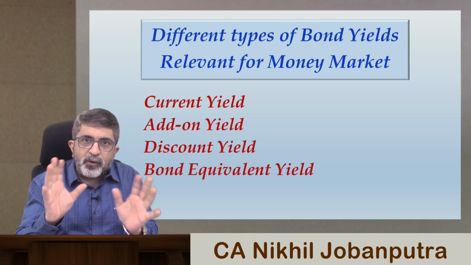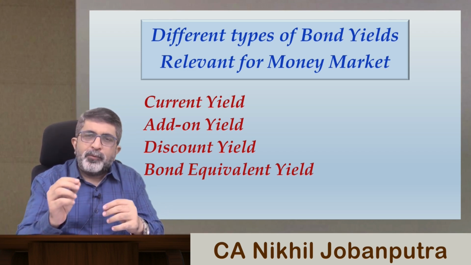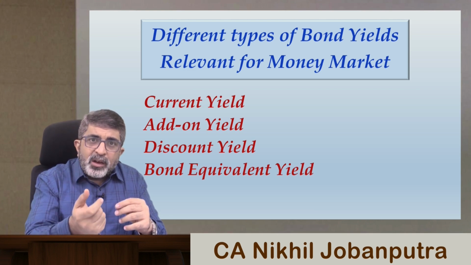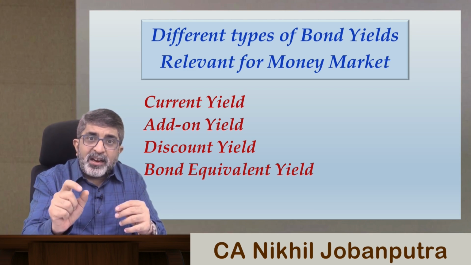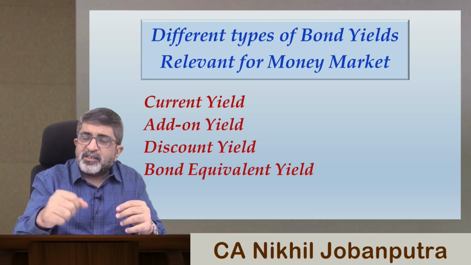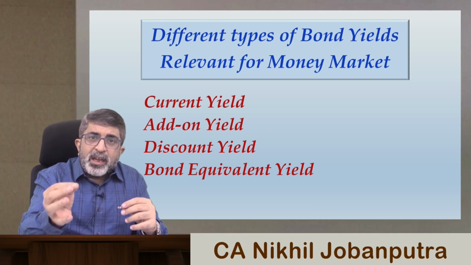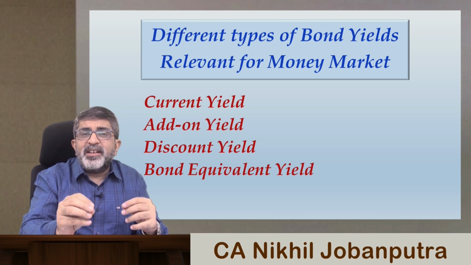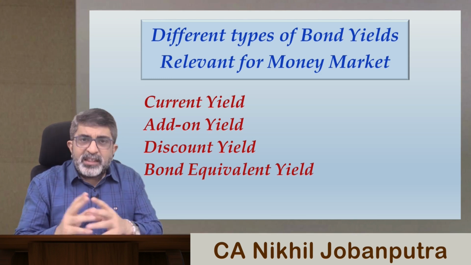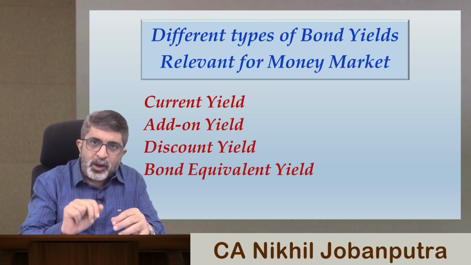What kind of scenario would you find? For example, say a bill of exchange having its par value as $1,000 is currently traded at $980. That means it is traded at a 2% discount.